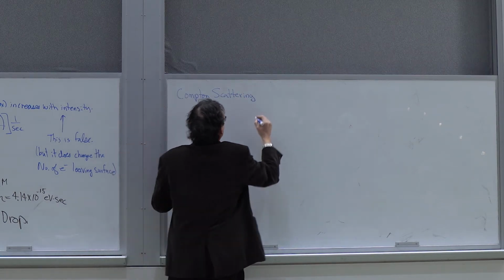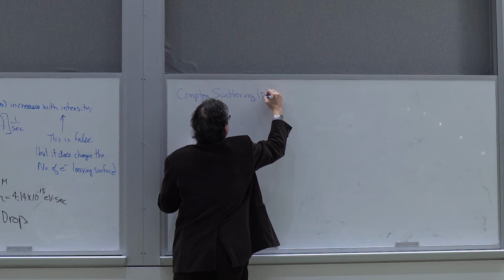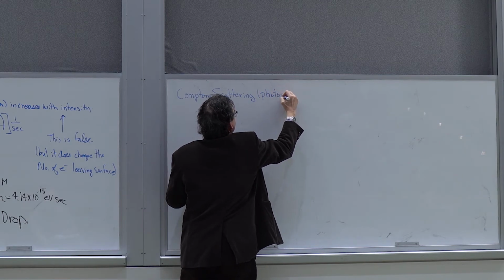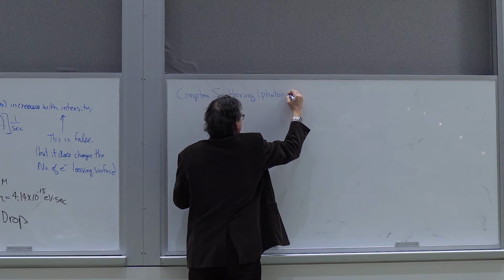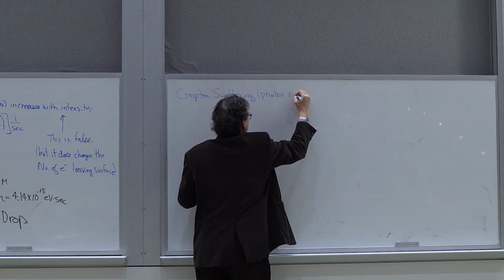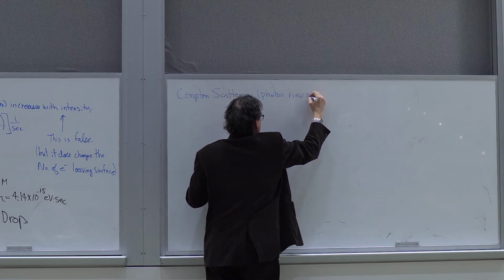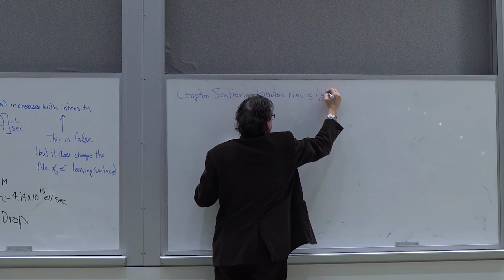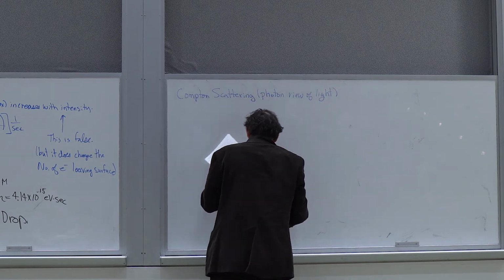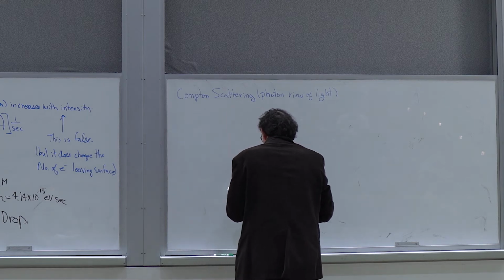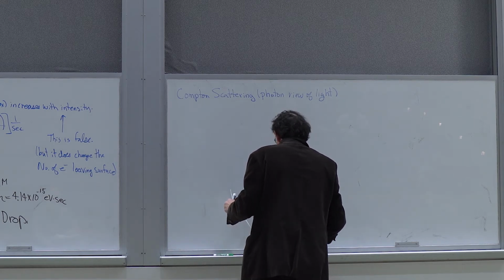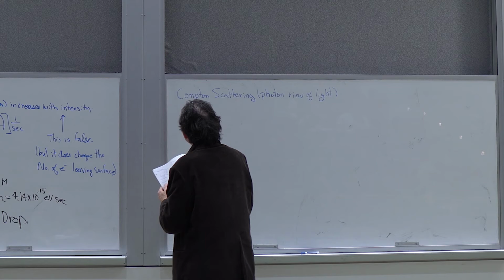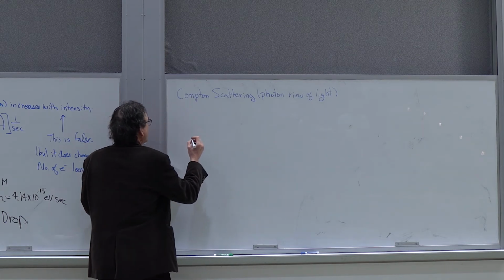We call it the photon picture or view of light. And the picture that we're looking at, what Compton did was to consider the following case.